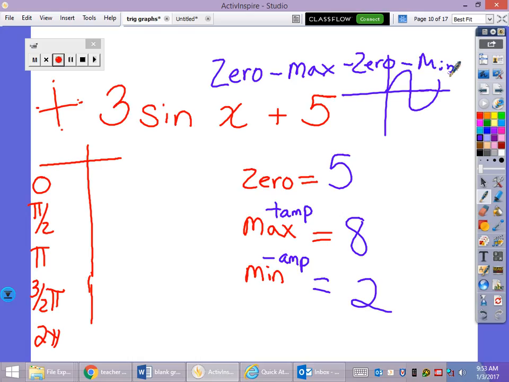Always, always, always, sine is 0, max, 0, min. 0, max, 0, min. Let's just write this down: 0, max, 0, min, 0.